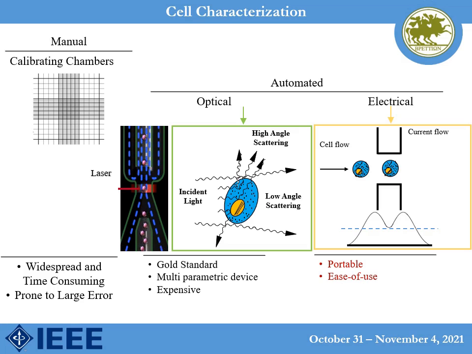Flow cytometry, which is a gold standard for cell characterization, is based on hydrodynamic focusing and light scattering of each cell. Low-angle scattering provides information about geometry, diameter, volume, etc., while high-angle scattering provides information about internal properties of the cell.